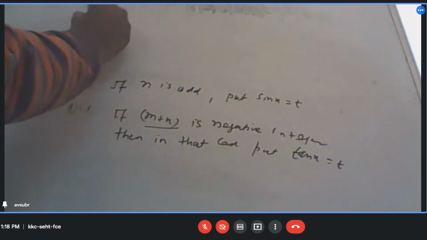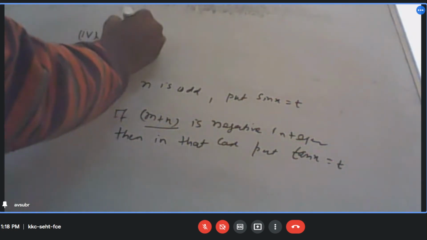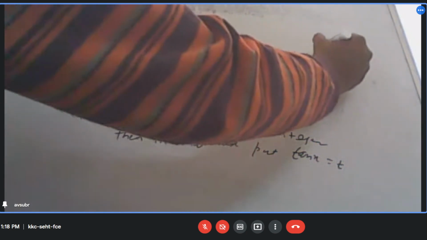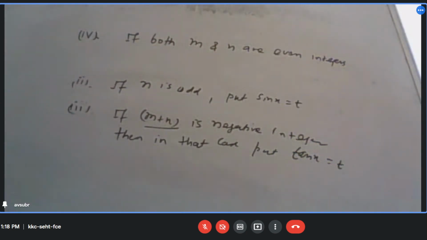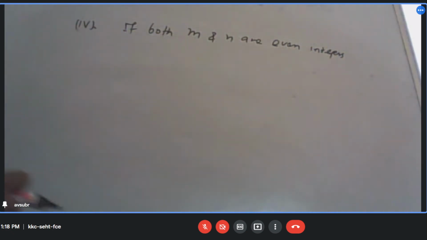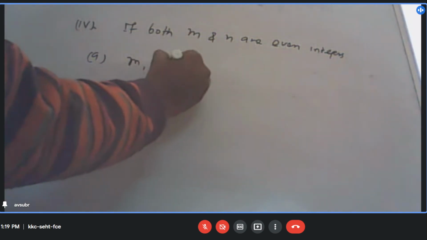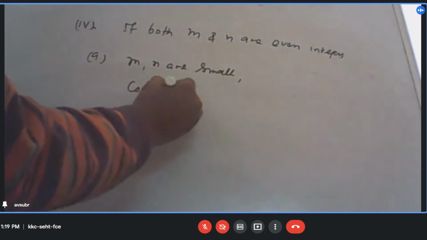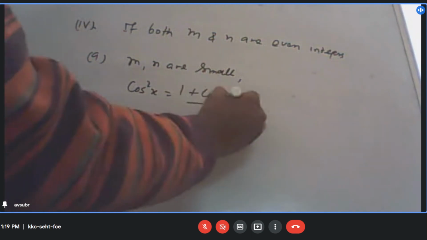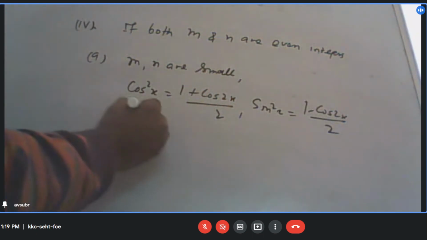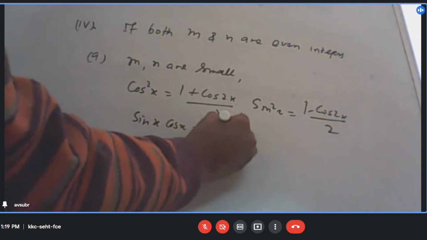Then the fourth thing is that if both m and n are even integers, then number A, if m and n are small, then you can use formulas like cos square x equals (1 plus cos 2x) by 2, sin square x equals (1 minus cos 2x) by 2, and sin x cos x equals sin 2x by 2.